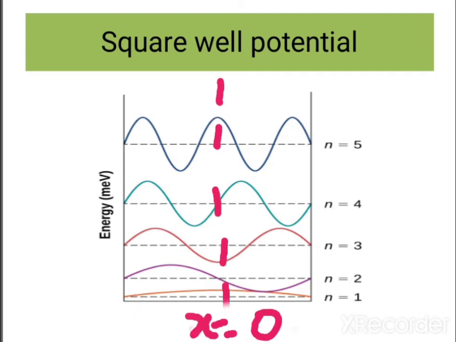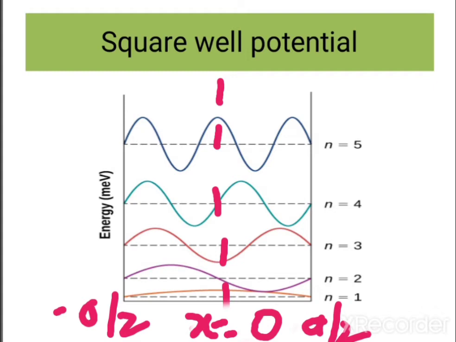Now, if you look at the nature of the infinite square well, centered at the origin x equals 0, you will see that it is symmetric with respect to the direction of its axis. And here the potential well goes from minus a by 2 to plus a by 2 according to this width.